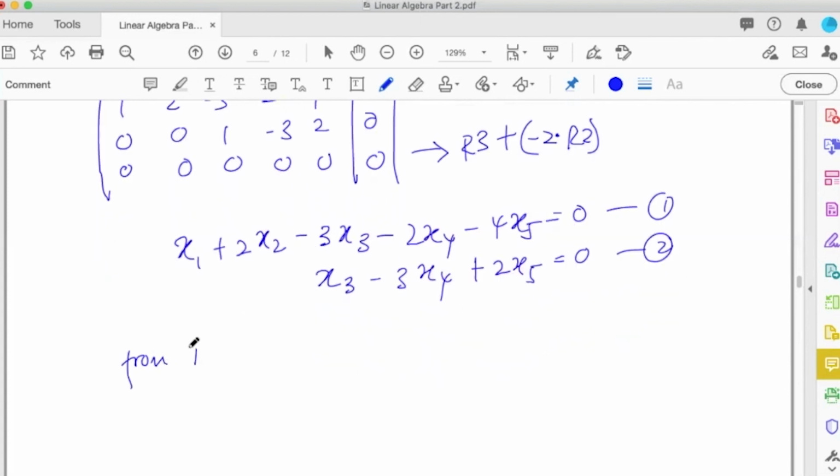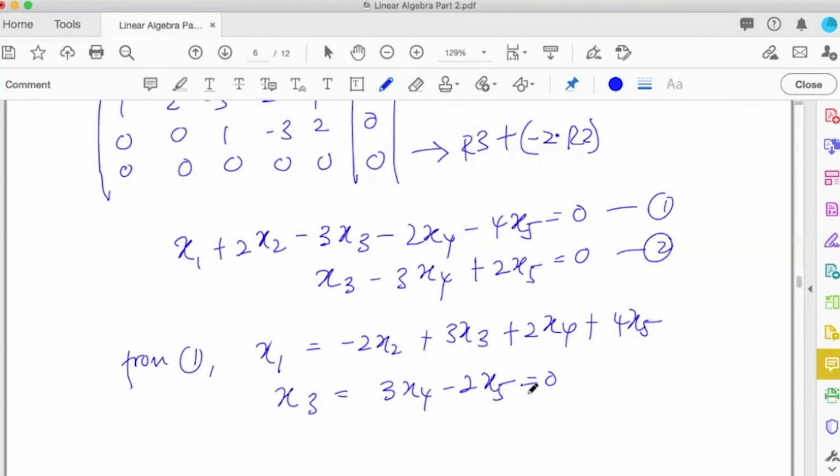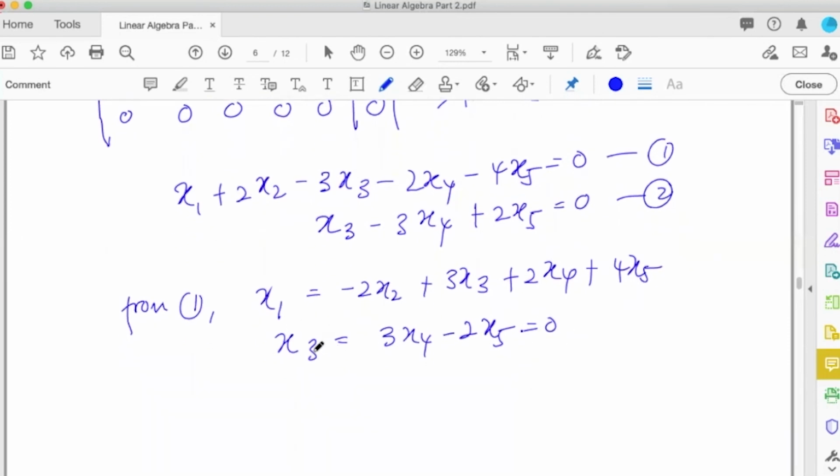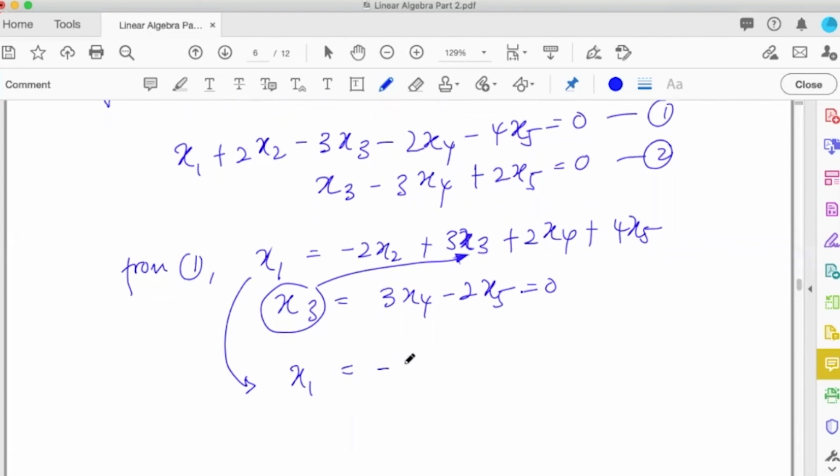From equation 1, we can write x1 equal to these equations, where our x3 is equal to these equations. If you put x3 back into x1, we can further simplify to become these equations.